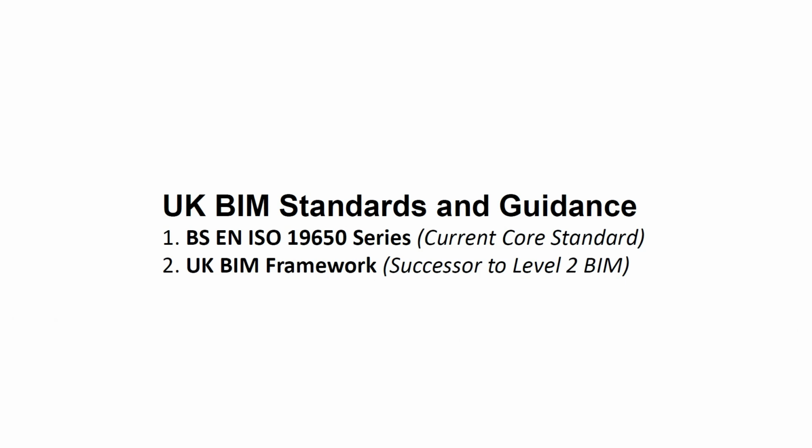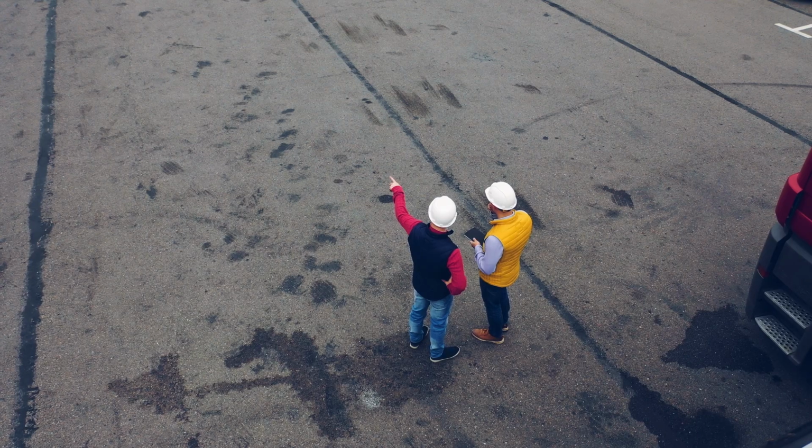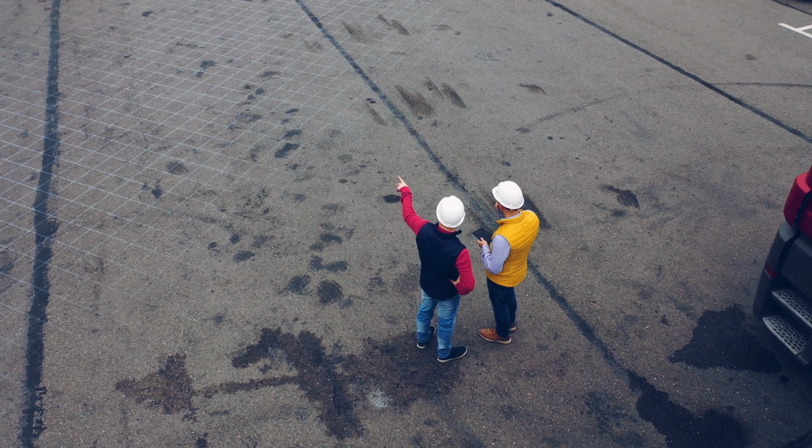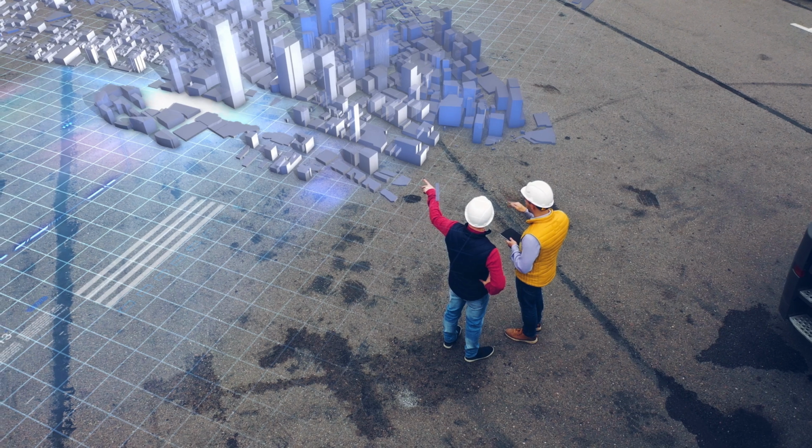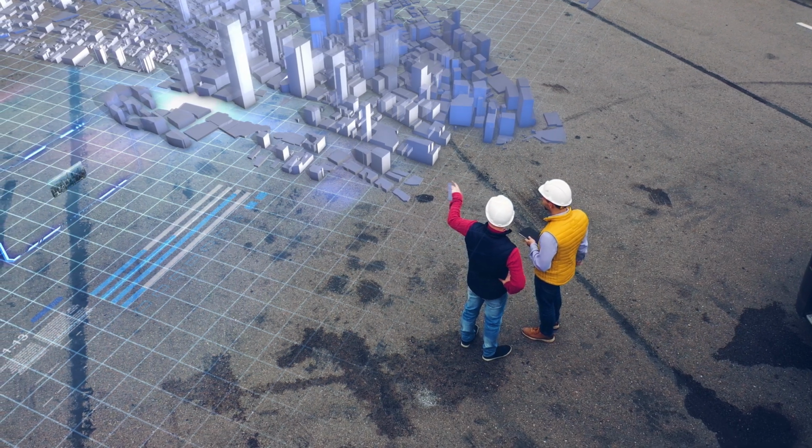BS EN ISO 19650 series, core standard. What it is: the main international standard adopted in the UK for BIM. Parts relevant to Revit projects: ISO 19650-1, concepts and principles. ISO 19650-2, delivery phase of the assets.